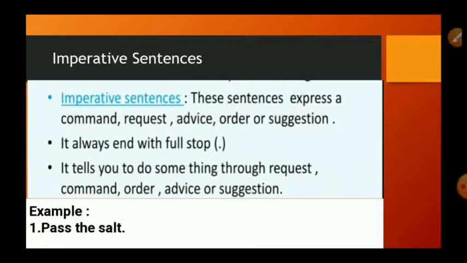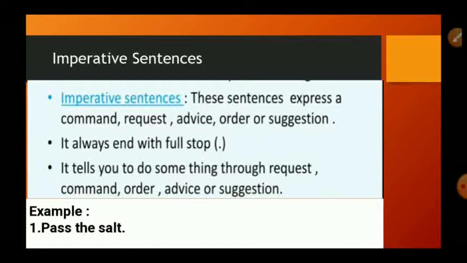Our second kind is imperative sentences. These sentences express a command, request, advice, order, or suggestion. So, in imperative sentences, we can say that sentences that give an order or instruction or make a request, or offer advice are called imperative sentences.